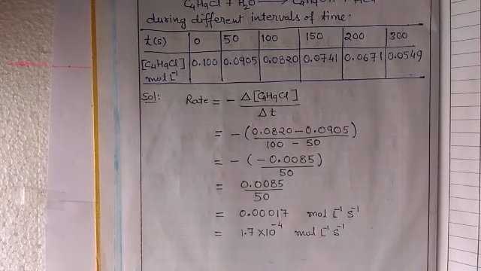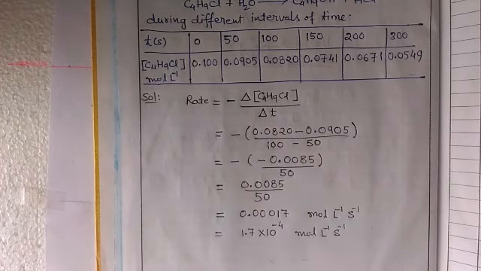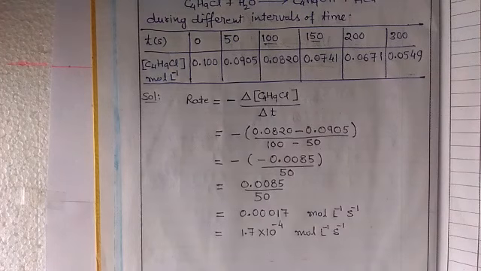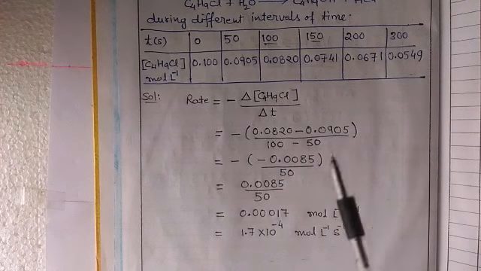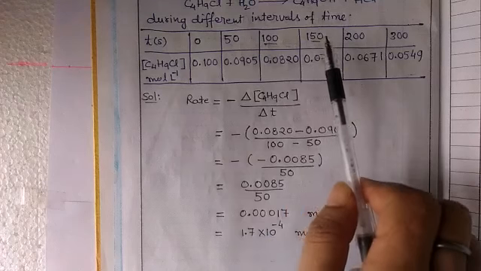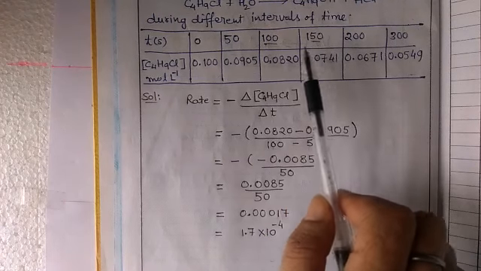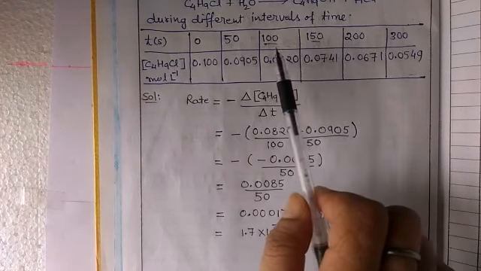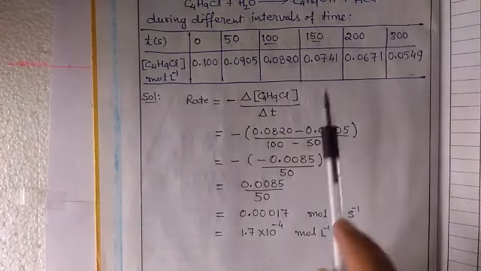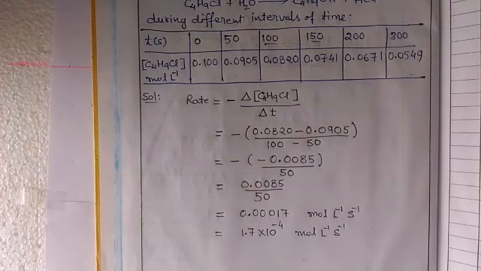Now let's practice one more. So next we are going to take these two values, and find average rate of reaction for this particular reaction when it has completed 150 seconds. We are going to find it between 100 to 150 seconds. So this is final time, this is initial time, this is final concentration, and this is initial concentration for the same reaction.